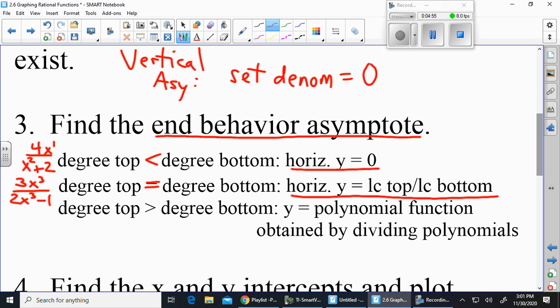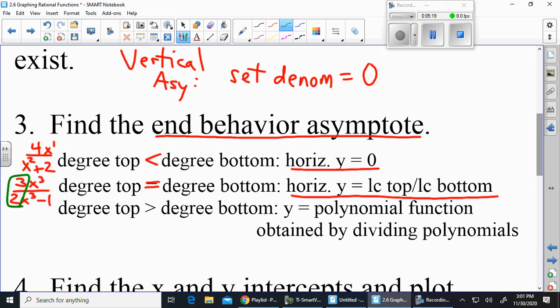The degree of the top is 3. The degree of the bottom is 3. So it's a horizontal asymptote, leading coefficient divided by leading coefficient. Y equals 3 over 2.